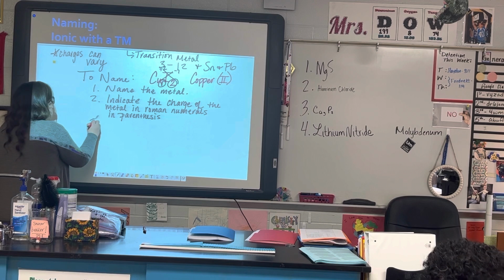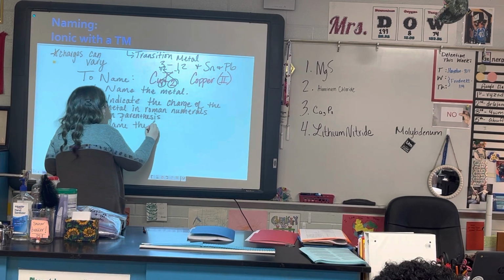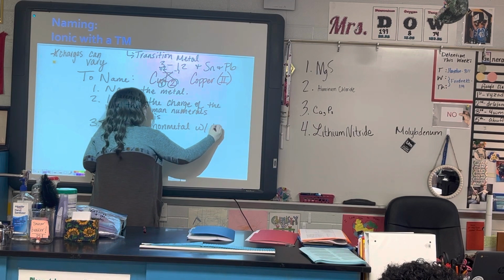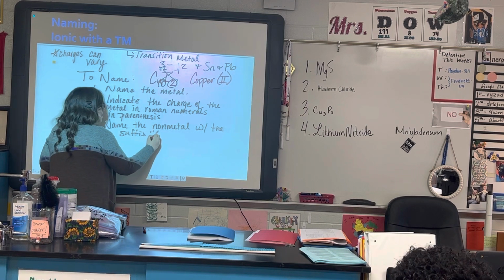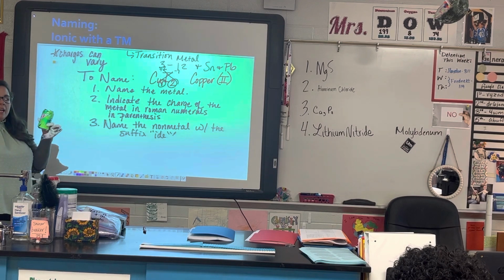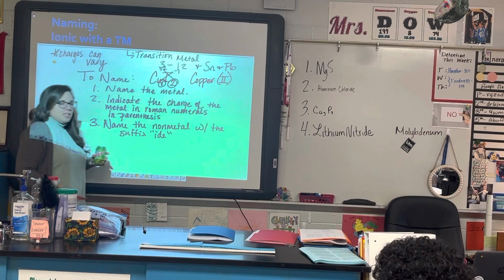All right, so now step 3, we're going to name the nonmetal with the suffix "ide," just like we did before with the binary ionic. So iodine is going to become what? Iodide.